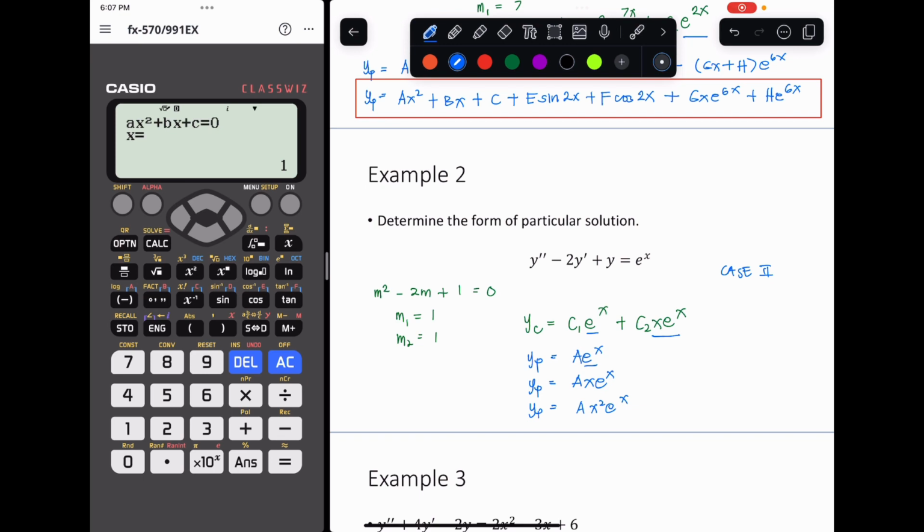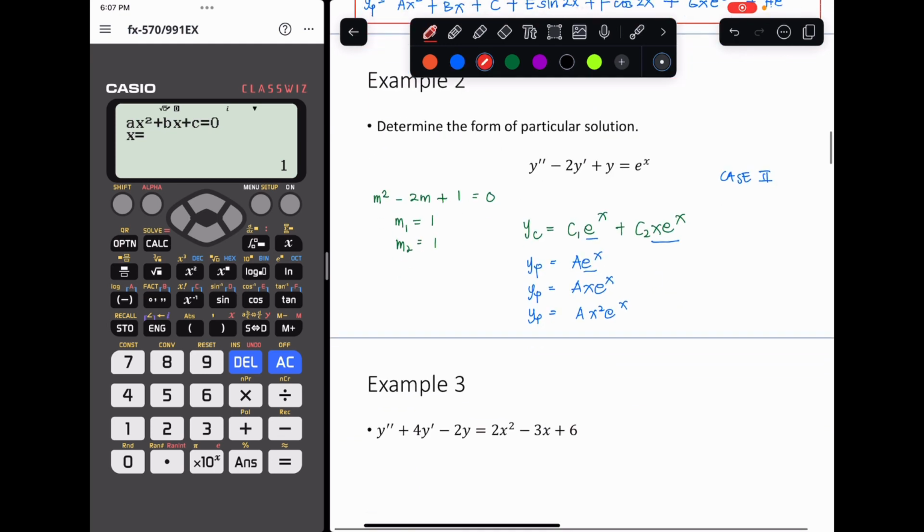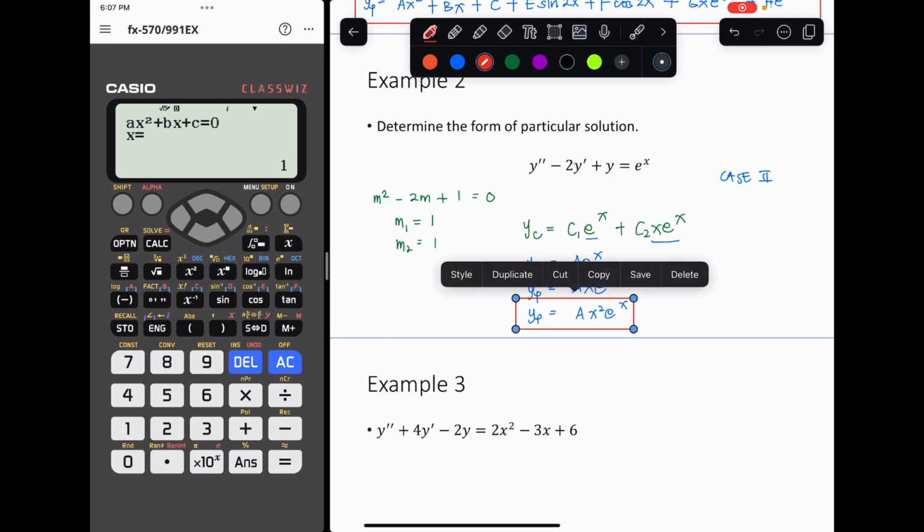That's already the clue that you used an incorrect case. So for our particular solution, we have yp equal to ax squared e raised to x.